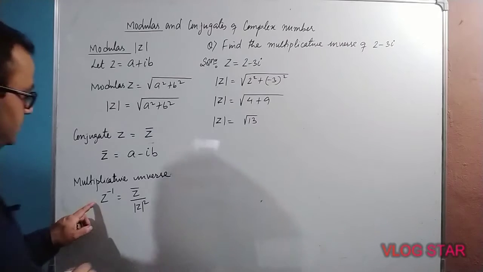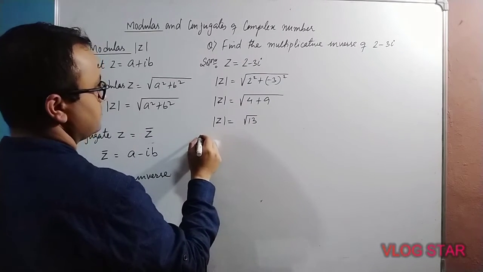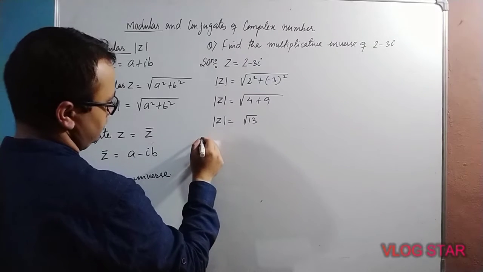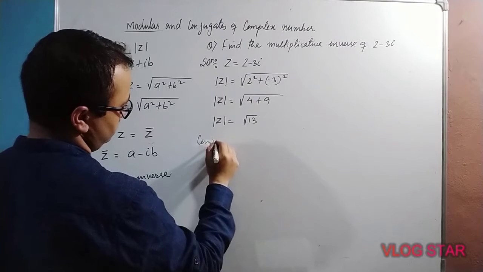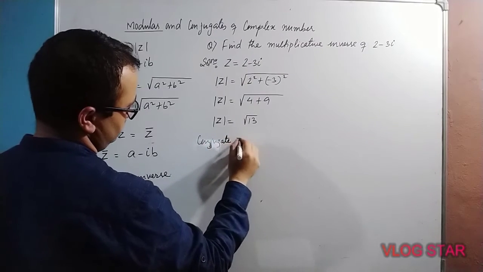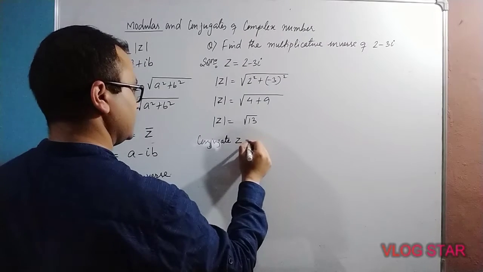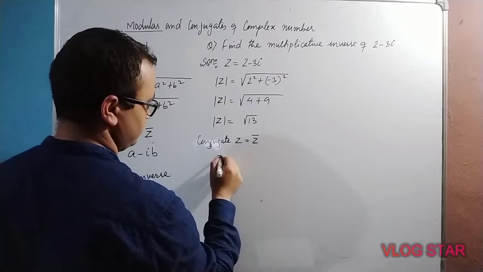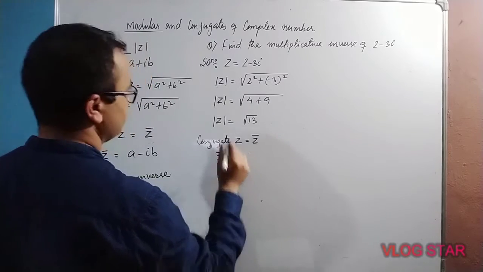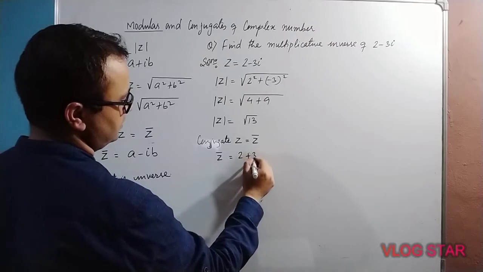Then the multiplicative inverse. First we will calculate the conjugate. z bar equals the conjugate of 2 minus 3i, so the conjugate will be 2 plus 3i.